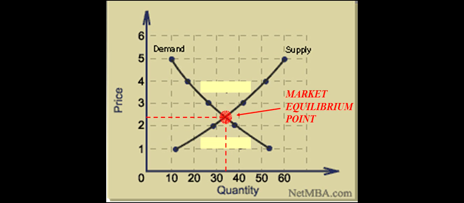If you will take, for example, the price point of 1 for this product, it's not important what the product is, but for this market and this product, we know that at a price of 1, very few suppliers are interested in supplying product to the market.